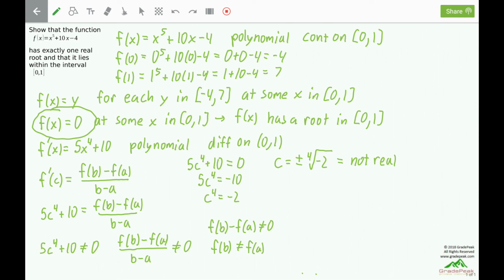So if we have it equal to 0 at one x coordinate, it can't be equal to 0 at another x coordinate, which means that it cannot possibly have another root. So the conclusion of this is that f of x has exactly one real root.